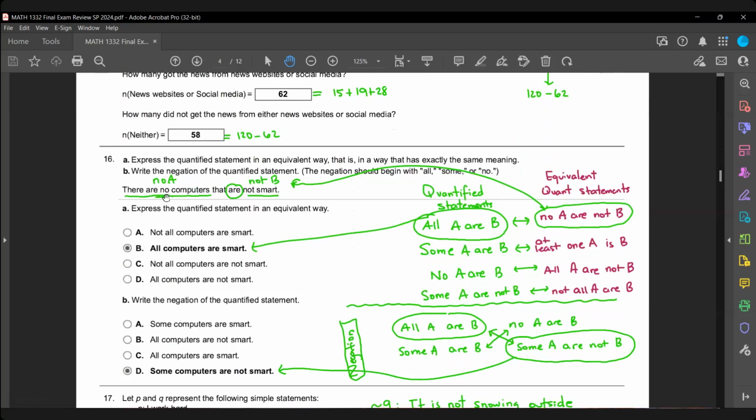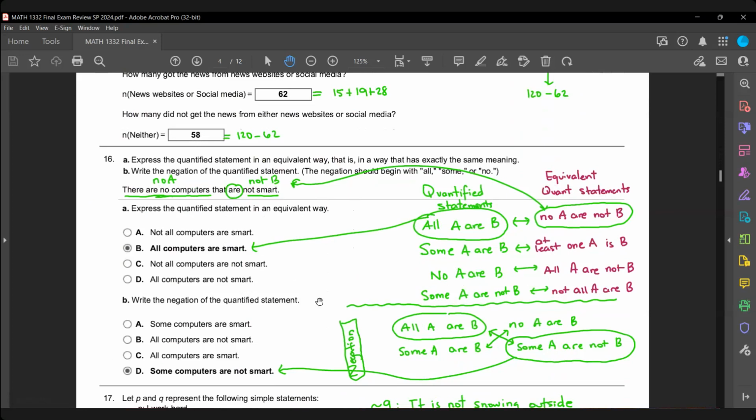There are no computers that are not smart. That is of the form no A are not B. The equivalent to that is to say all computers are smart. And that's what I've highlighted here and pointed to the right answer.